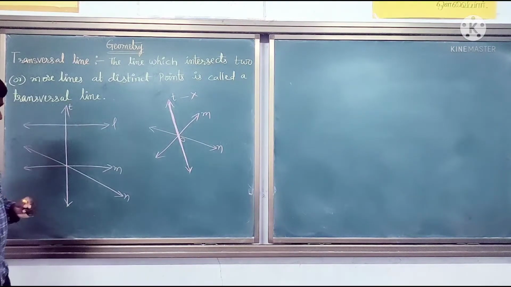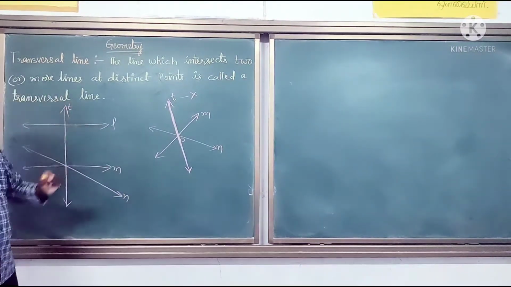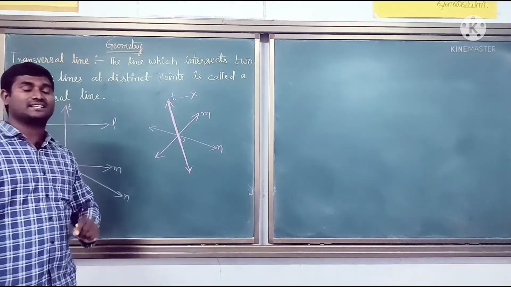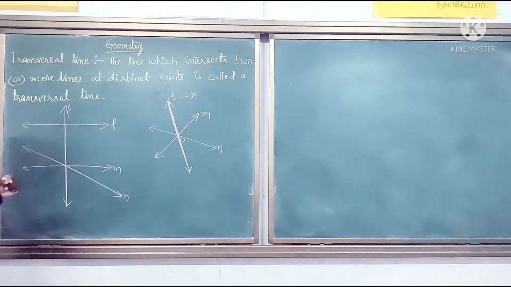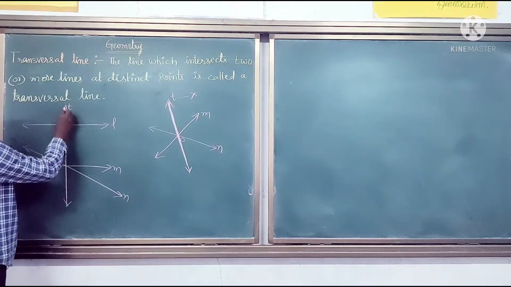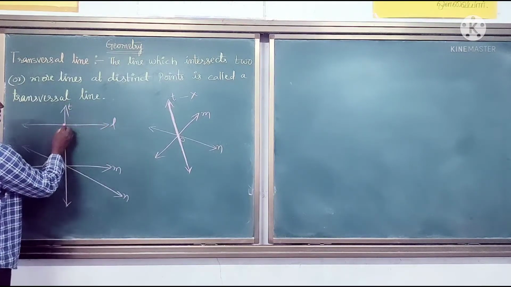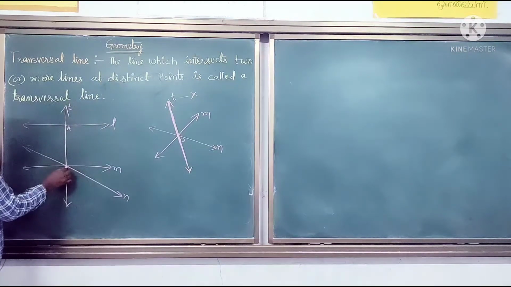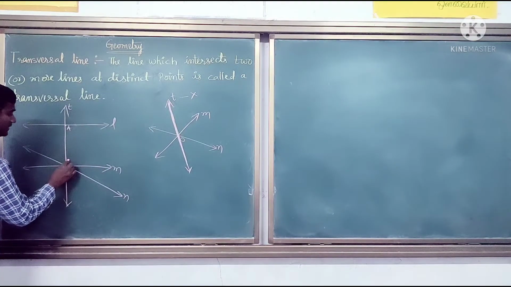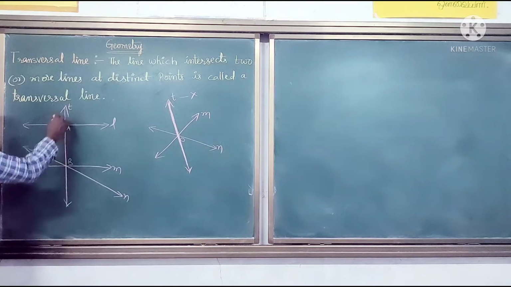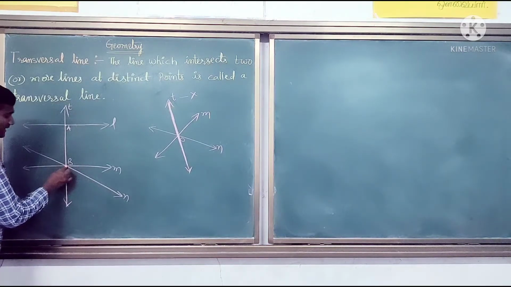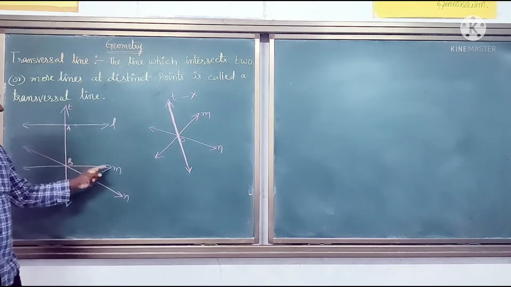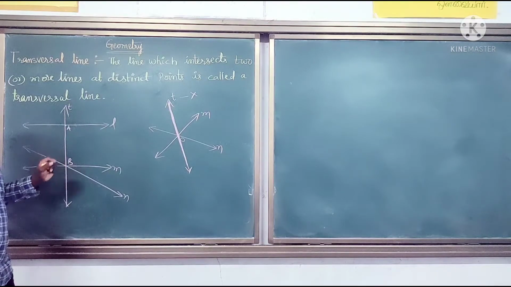From the figure, can you say whether t is the transversal line or not? Let us check. Line t intersects line l at some point, which we can consider A. Line t intersects m at B, and also intersects n at the same point B.